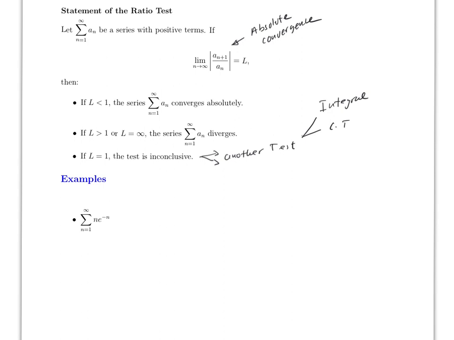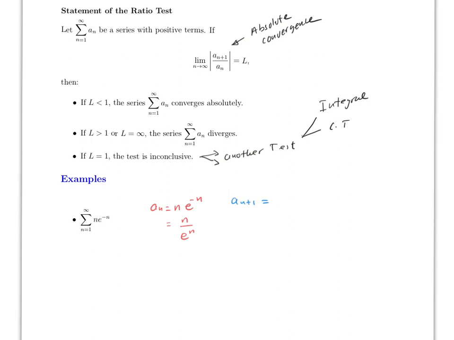So here, a_n is equal to n e to the minus n, which, since we're going to use fractions, it may be easier to rewrite it like this. Notice that this is exactly the same thing as this. So that's a_n. So therefore, a_(n+1), you replace just the n by n plus 1.